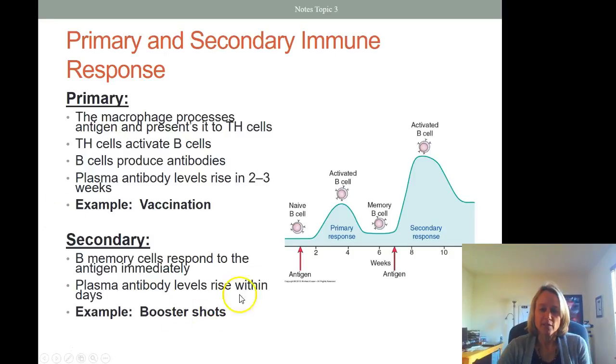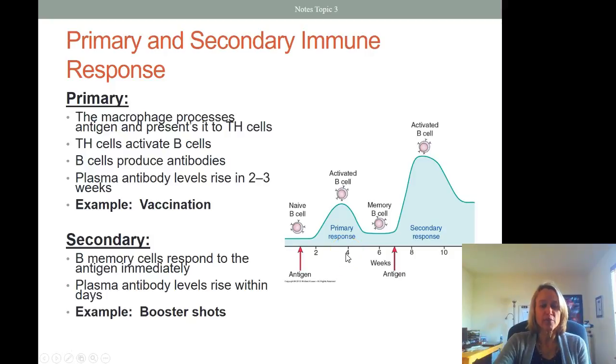So we get exposed to the antigen, and then there is a lag time, and then we have a primary immune response about roughly 4 weeks after exposure to the antigen, where we get our full amount of antibodies that we're going to produce. Okay, so we have our activated B cell. During this time, we haven't produced a lot of antibodies, and it took a while. So we get sick.